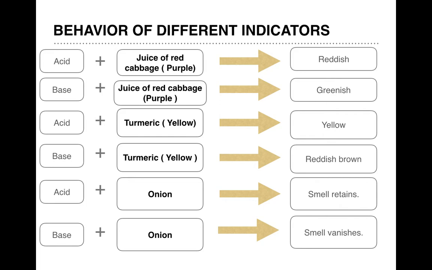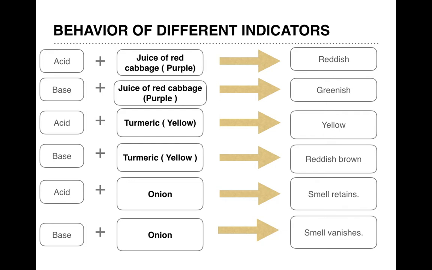Means if we put juice of red cabbage into acid, it becomes reddish. The original color of juice of red cabbage is purple. So we can easily determine whether it is acidic or not. And if we put base in juice of red cabbage, it becomes greenish. So from this color change we can easily determine whether it is acid or base.